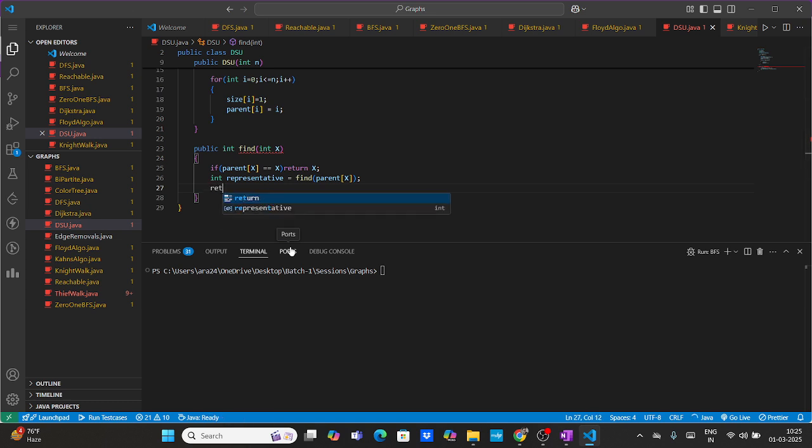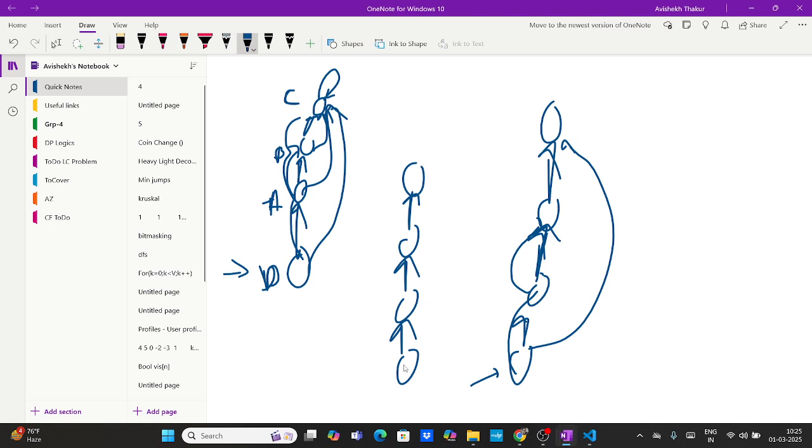Now let's see what happens in a recursive structure. This is D, this is A, this is B, and this is C. When you call for D, it calls for A. When you call for A, it calls for B. When you call for B, it asks for C. Since C is the base case, we return C here, and we got C now.